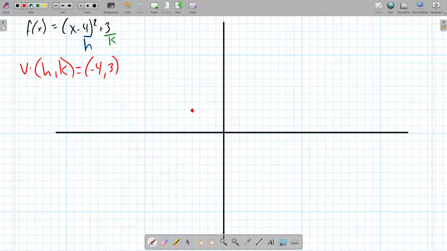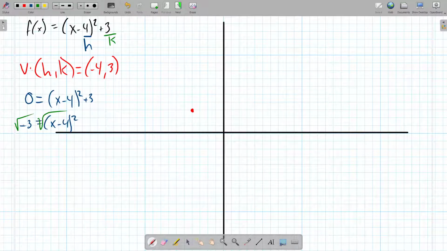To find the x-intercepts, all that we need to do is set this equal to 0 and solve, like we would do at the end of our completing the square. So if I set this equal to 0 and solve, we can subtract 3 from both sides. And then we can take the square root of both sides.